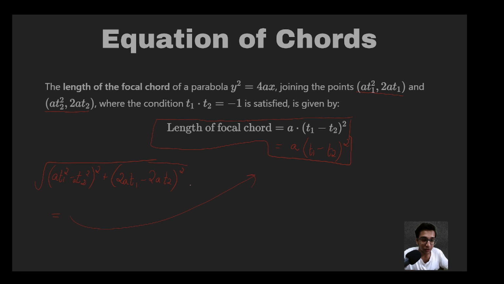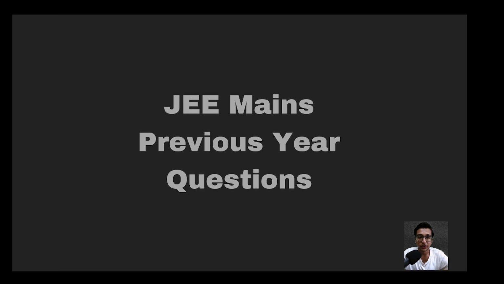Upon simplifying, the condition used is t1 t2 equals -1, since this is a focal chord. So that is all for the theory of this chapter.